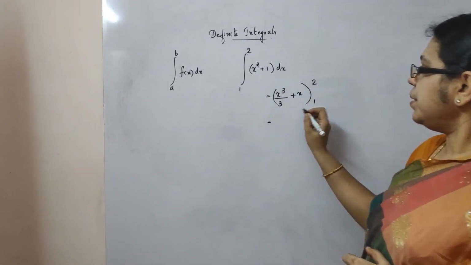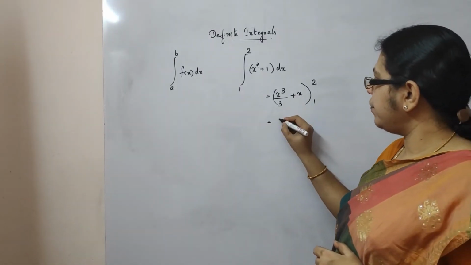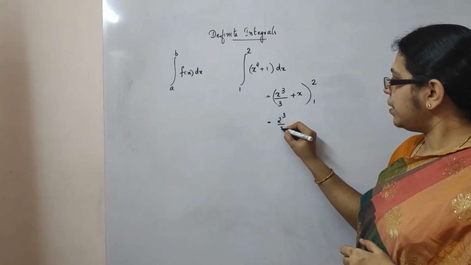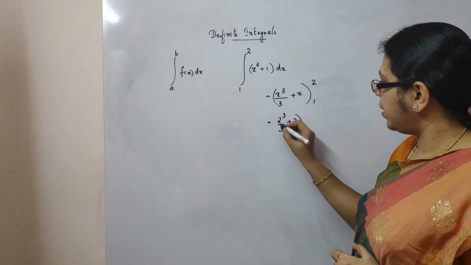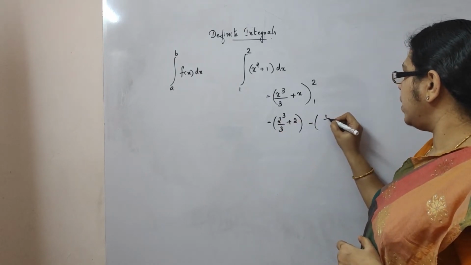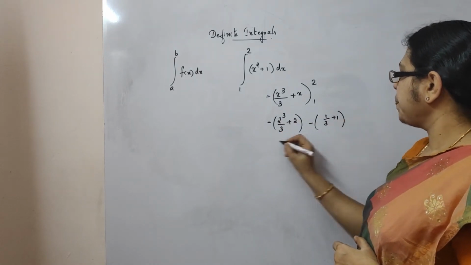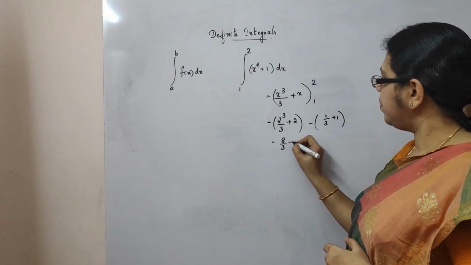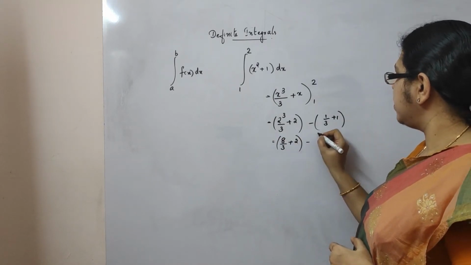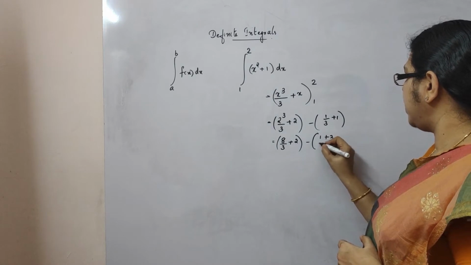Now, upper limit minus lower limit. So, when you put the upper limit, 2 cubed by 3 plus 2. This is upper limit minus lower limit, 1 by 3 plus 1. That is 8 by 3 plus 2 minus 1 by 3 plus 1.